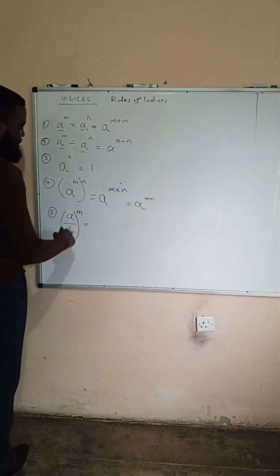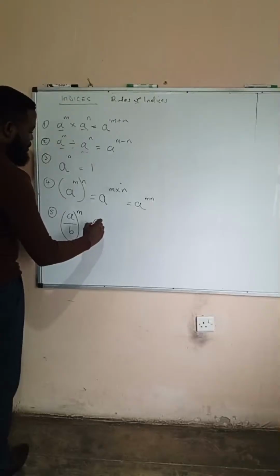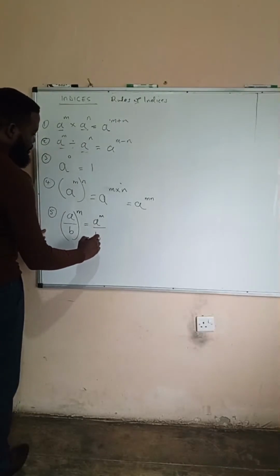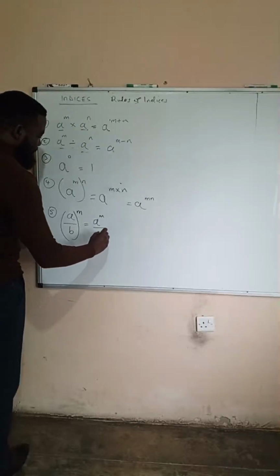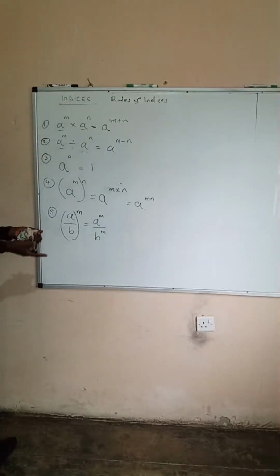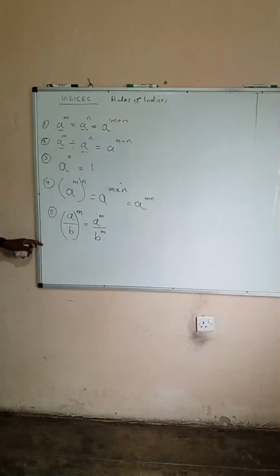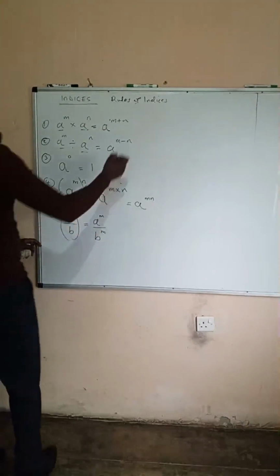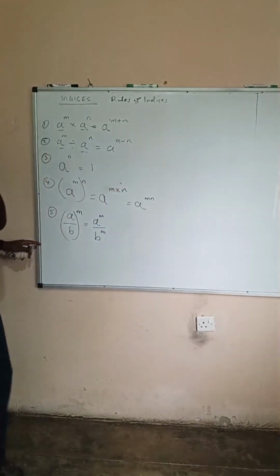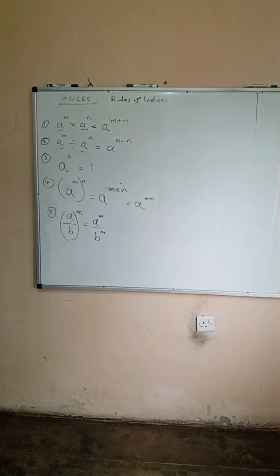So this simply means a to the power m over b to the power m. The m is distributed to the numerator, at the same time the m is also given to the denominator. I hope you have understood those rules.